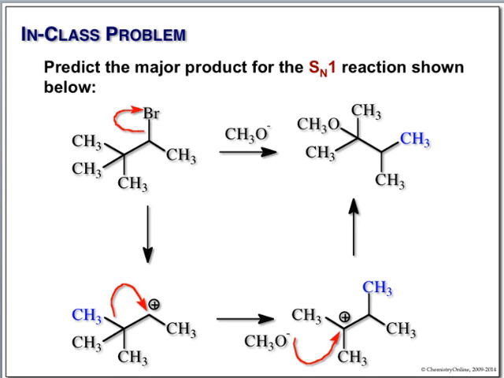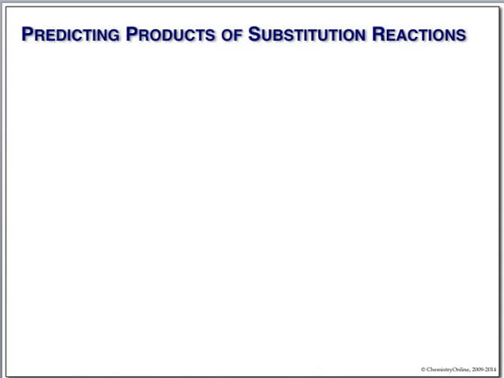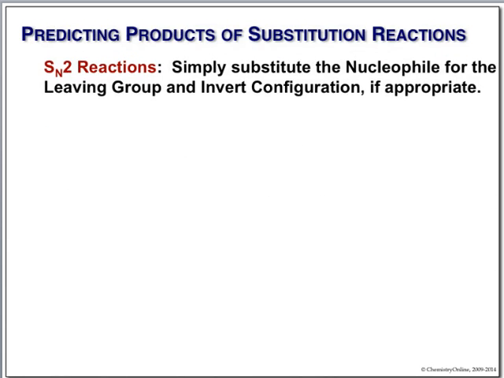All right, let's sit back and very comfortably say to ourselves, gee, I know this. This is simple. If you have an SN2 reaction, all you have to do is rip off the leaving group, substitute the nucleophile, and invert the configuration. That's all you have to remember.